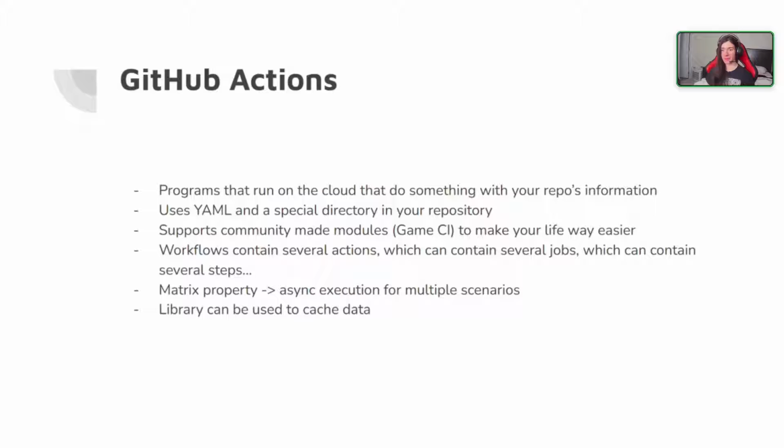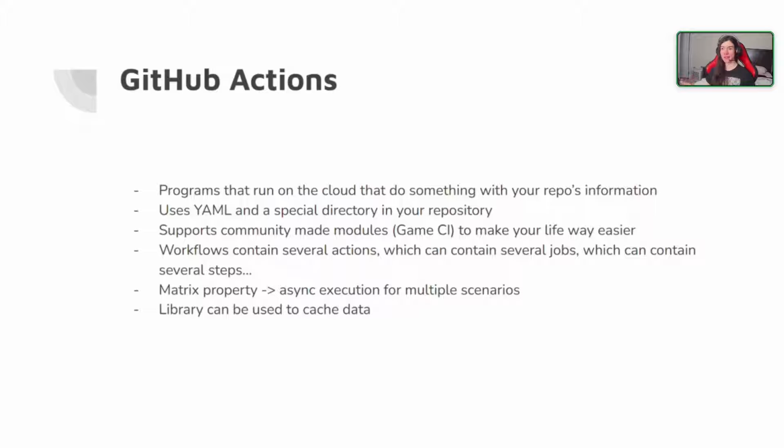And you can take advantage of the two biggest features of this, which are the matrices and the library, in order to asynchronously execute the same steps in multiple different scenarios. So let's say I have a job that is defined for building, and I have a matrix that defines all the different platforms that I want to build for.